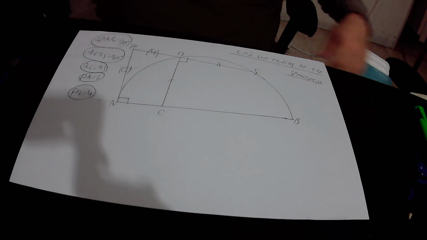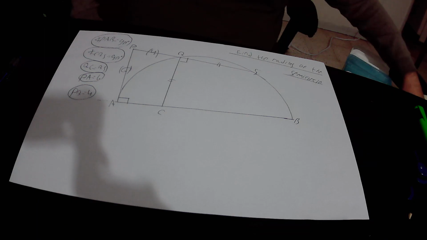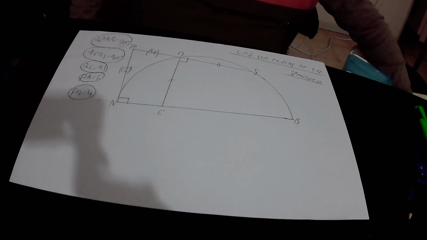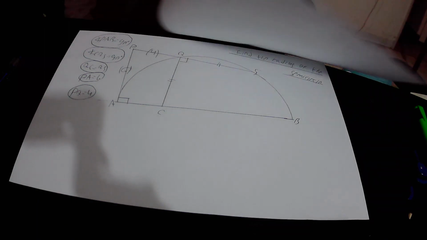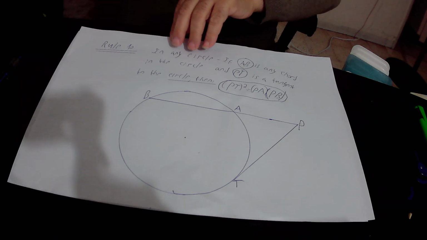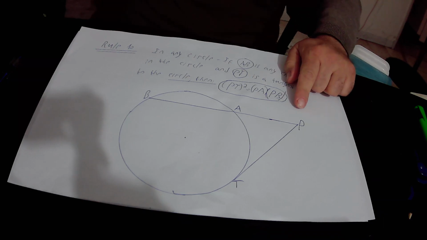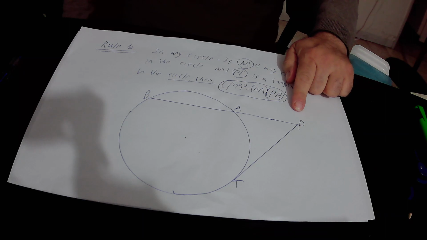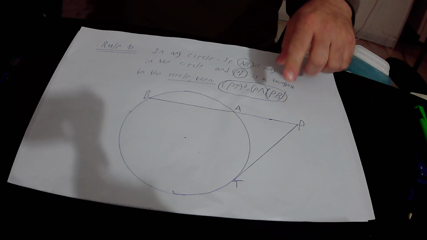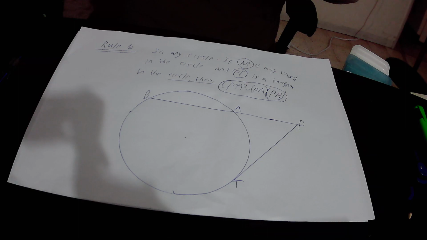So first of all, I will present to you a new rule, and we will implement the new rule in our drawing. The new rule is rule number 10. According to rule number 10, P is an external point in relation to the circle.